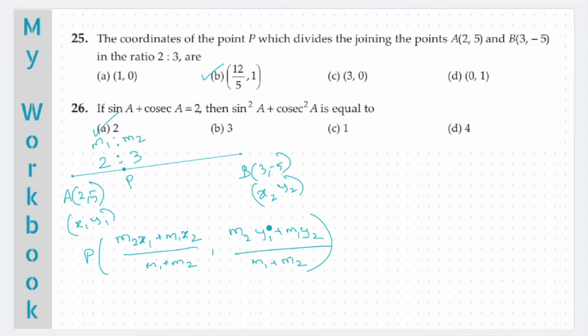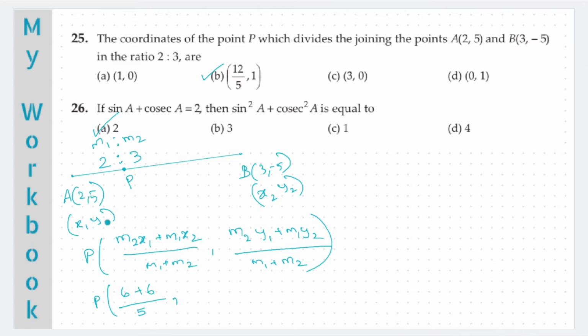So if we substitute the values, we will get m2 x1 will be 6 plus m1 into x2 will also be 6 divided by 2 plus 3, 5.